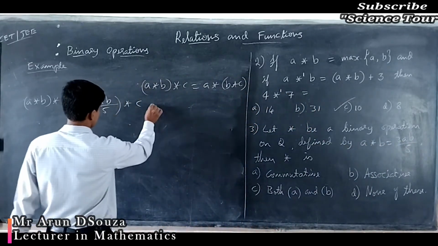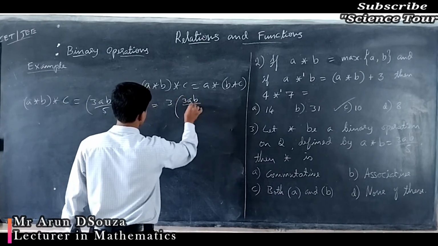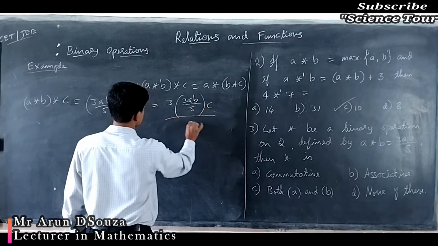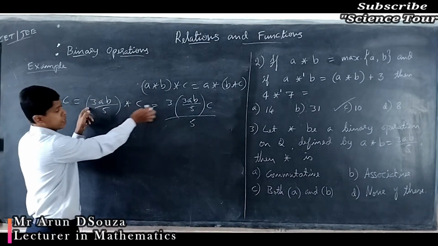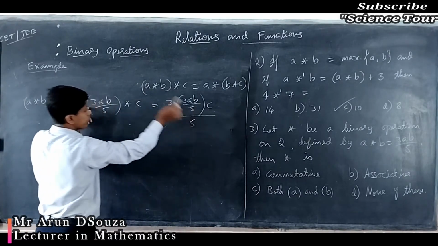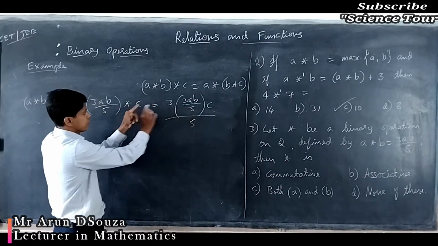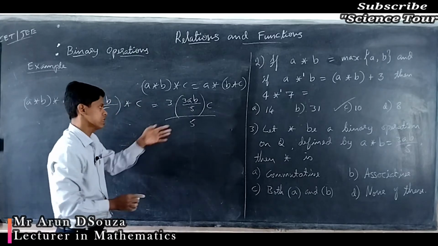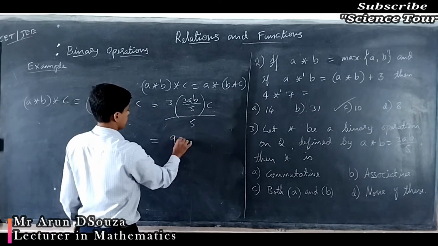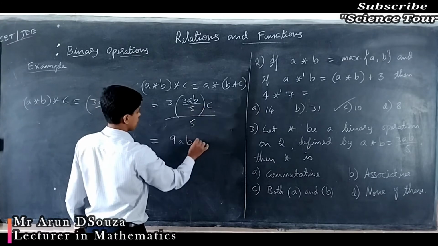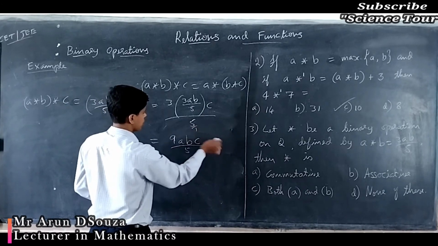Understand? This is equal to 3AB by 5 and then C divided by 5. Understand? A star B, 3AB by 5. In place of A I have got this, and in place of B I have got this. That's it. Simplify. So that is like 9AB, and then C is also multiplied, divided by 5, and this is 5 by 1.